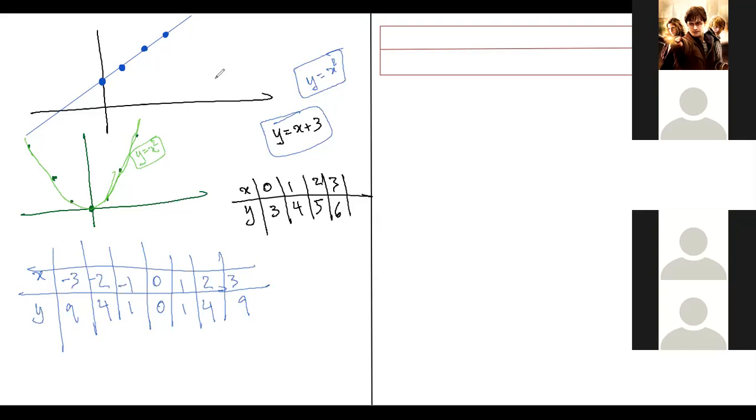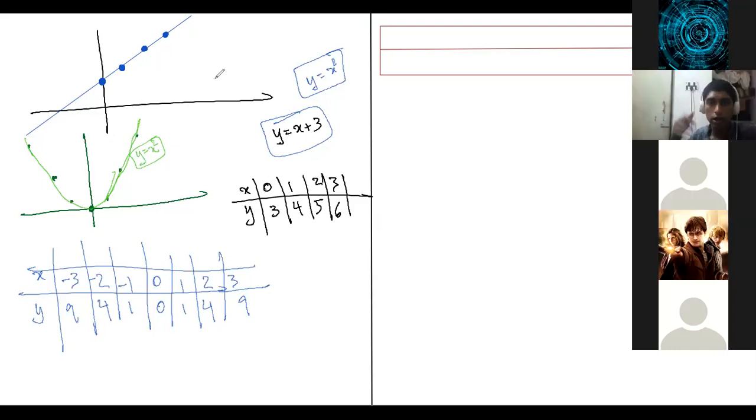Okay, so let us use this for plotting sine theta. Let us put theta here and sine theta here. Sine 0 will be 0. We'll use only the known values. Next, sine 30 will be half.